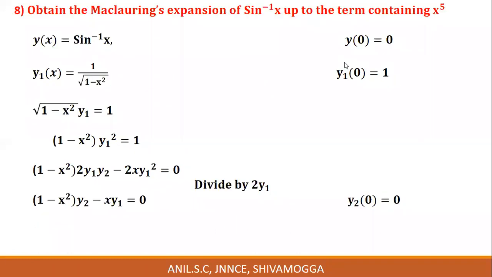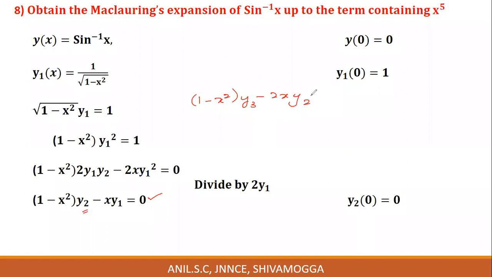To obtain y3, we have to differentiate the previous expression. 1 minus x square into the derivative of y2, which is y3. Derivative of 1 minus x square is minus 2x into y2 as it is.